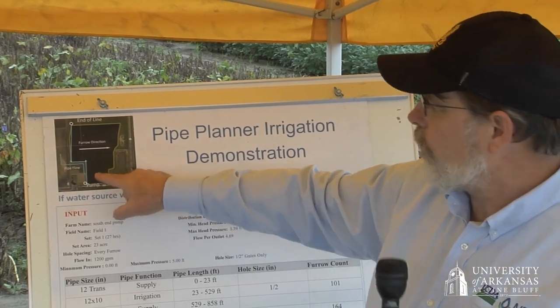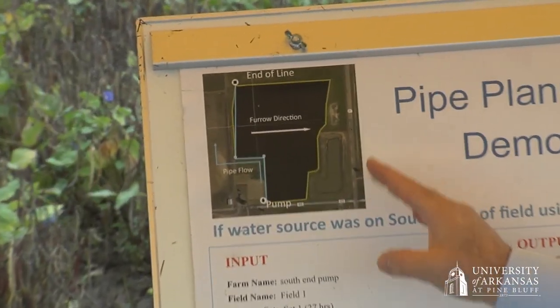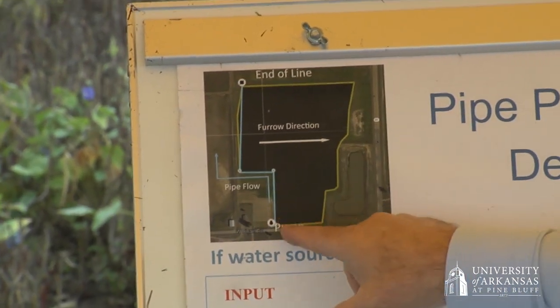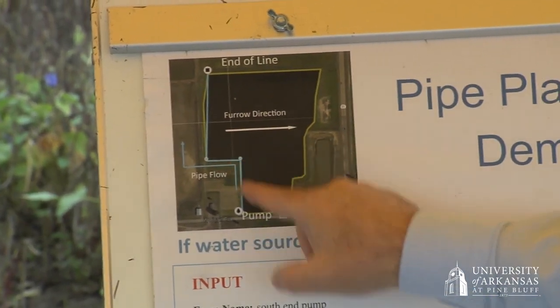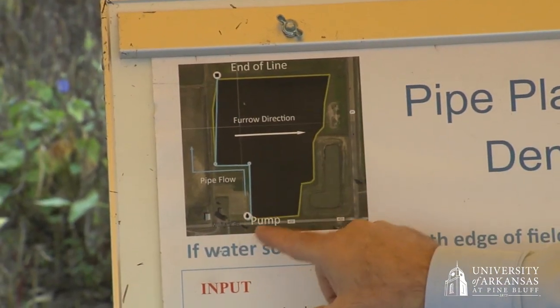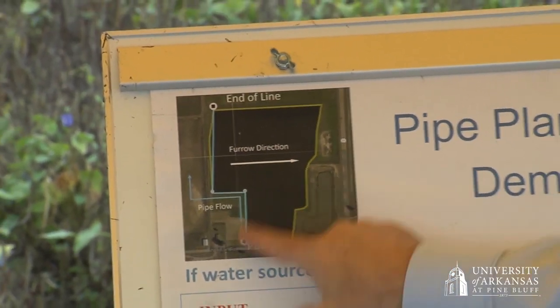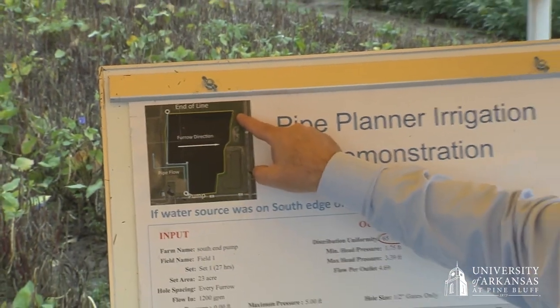And as you can see for this field, you've got longer rows at this end. So what Pipe Planner can do is determine the hole sizes to conserve water, because if you were to put the same size hole on every furrow for the whole field, you'd end up putting more water here, and you would be over wetting this part of the field in order to get this field dry.